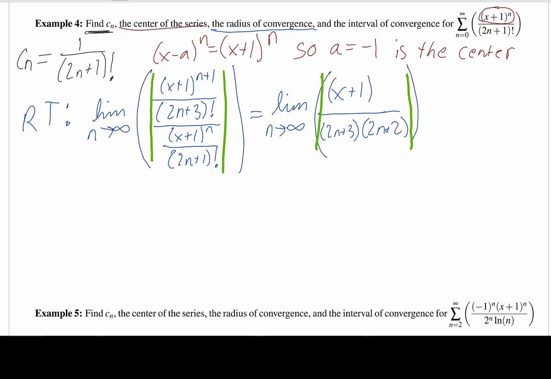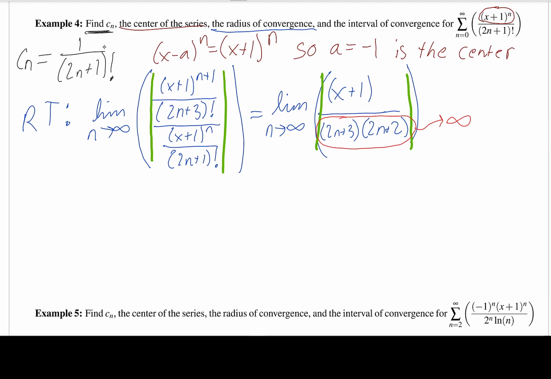Okay, so what I notice here is that the bottom of this fraction is going to go to infinity. Notice that x + 1, if we have something over infinity, the only way that this limit is not converging, or equaling something other than 0, is if our top is undefined. But x + 1 is always defined, no matter what real number we choose for x.